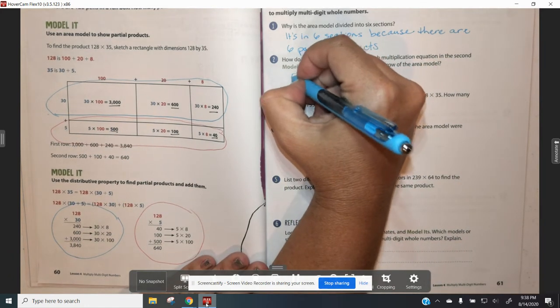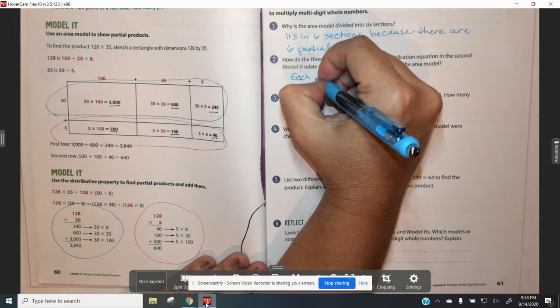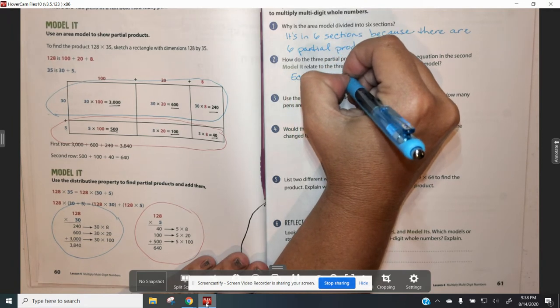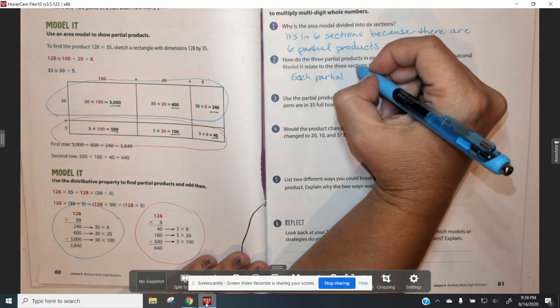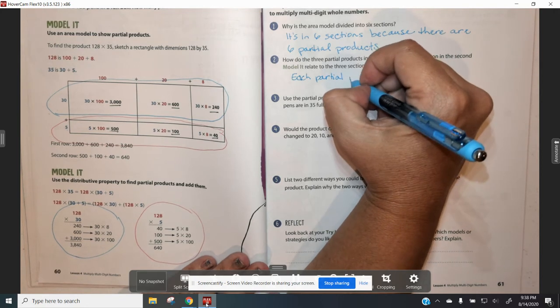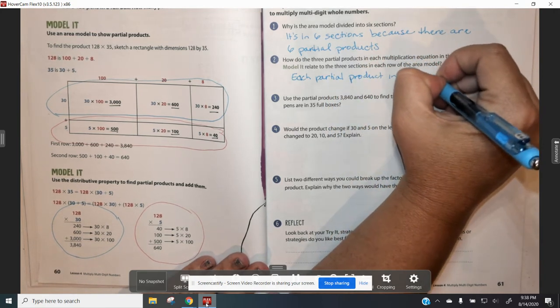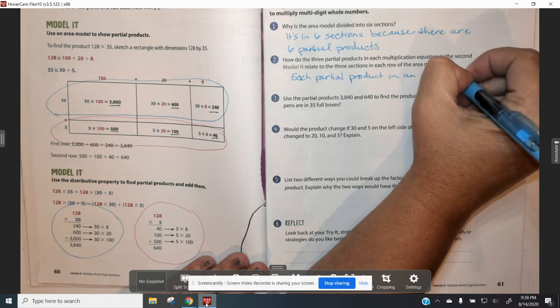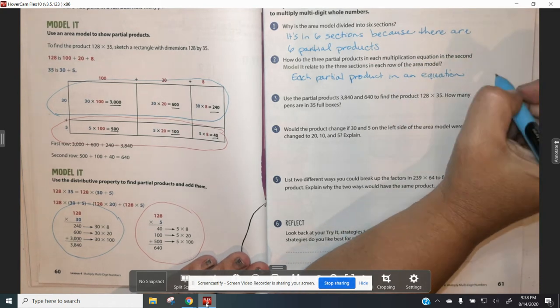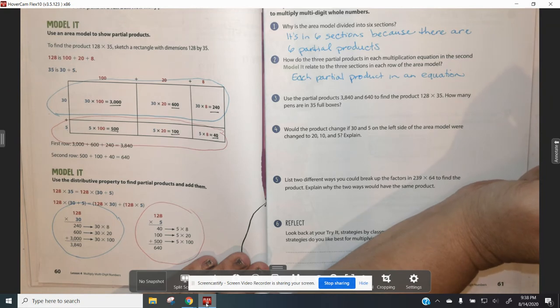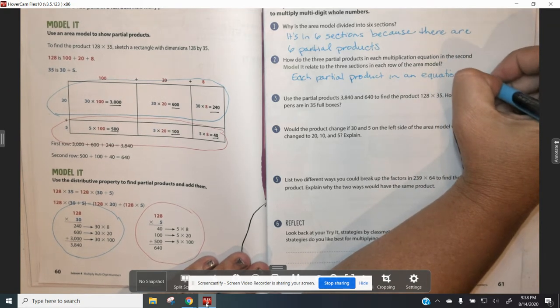So each partial product in an equation is the same as the partial product in one section of each row.